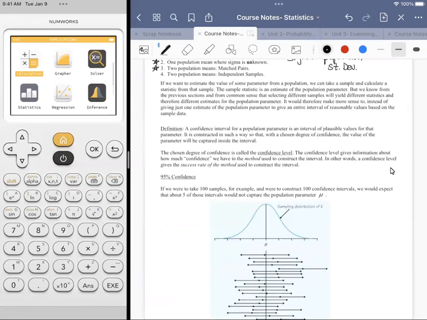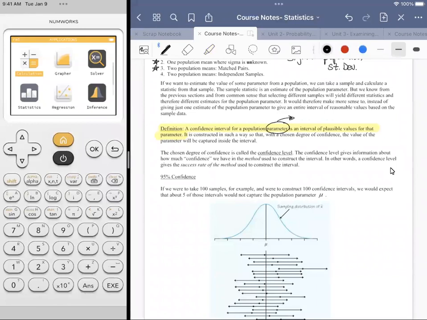But what we really want to latch onto is part of this definition: a confidence interval for a population parameter is an interval of plausible values for that parameter. A parameter, just as a reminder, we talked about this early on, but we just took it for granted after the fact.